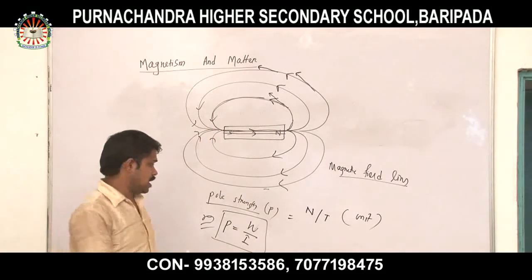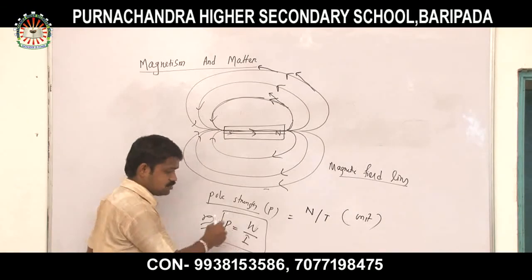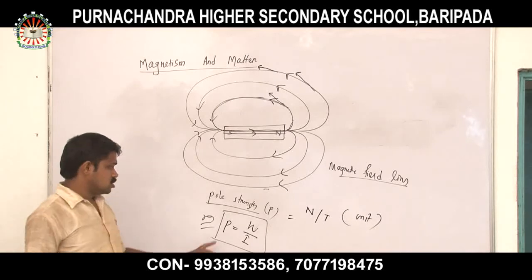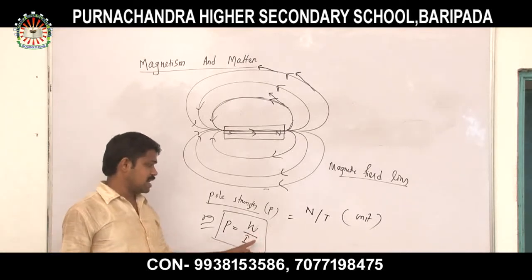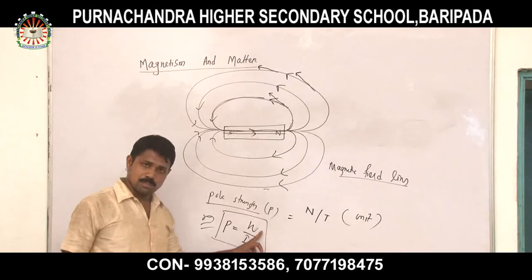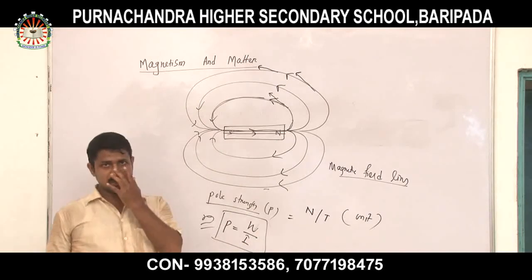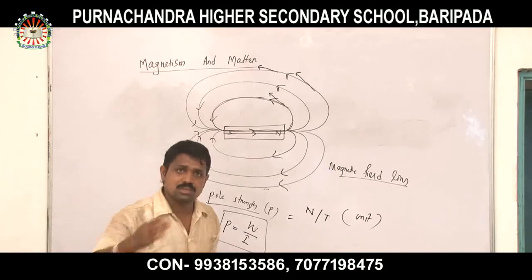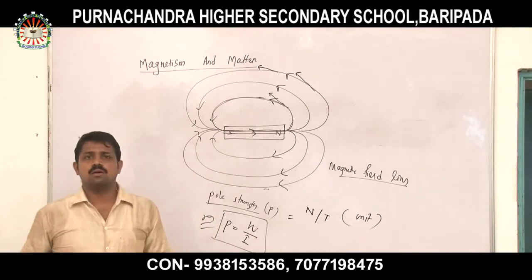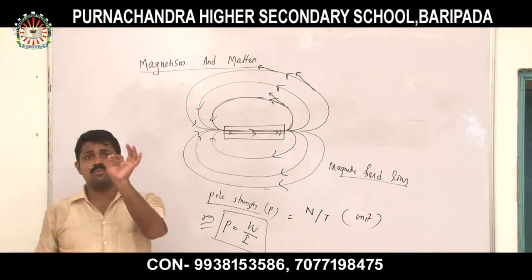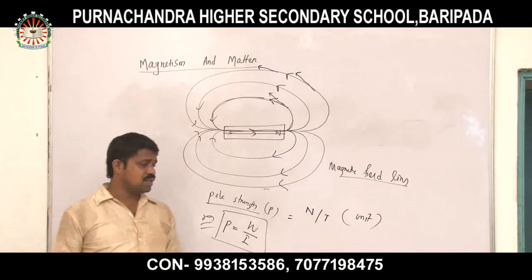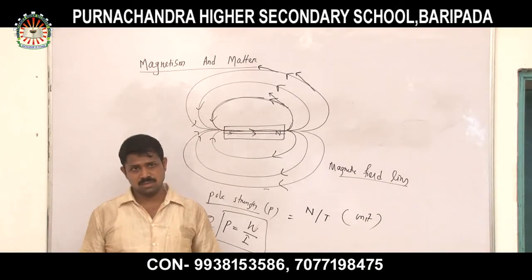So that current gives me the pole strength of that magnet. Clear? So pole strength is nothing but the work done W divided by current I. W is the work done in moving the magnet along the wire, and I is the current flowing through the wire. Clear? So this is my pole strength.